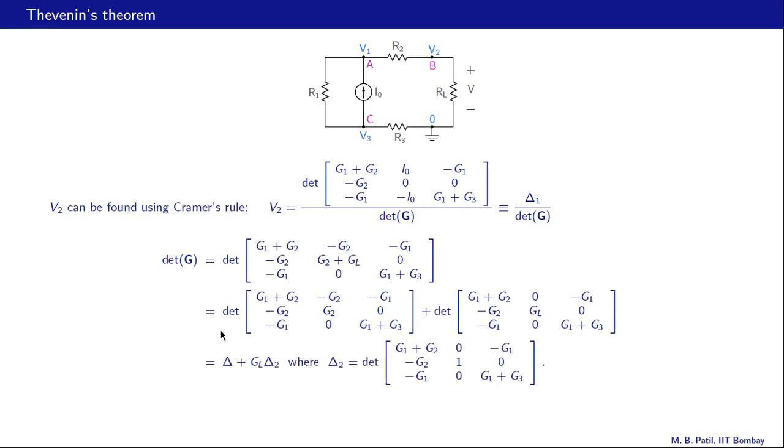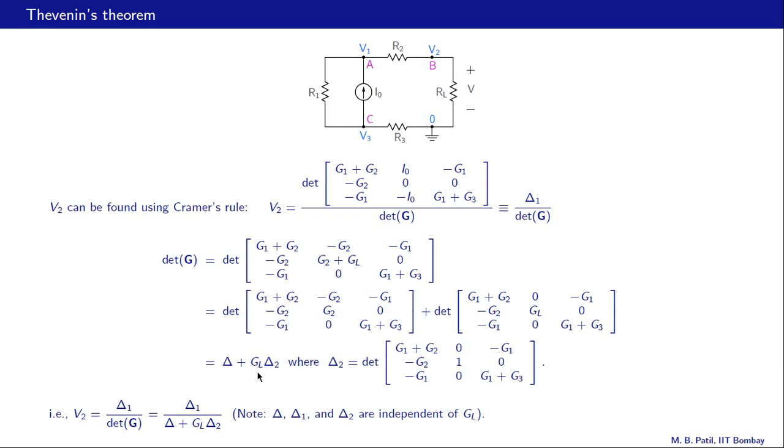Let us denote this first determinant by delta, and let us write this second determinant as GL times delta 2, where delta 2 is the determinant of this matrix here. Notice that we don't have GL here anymore because that has been taken outside.